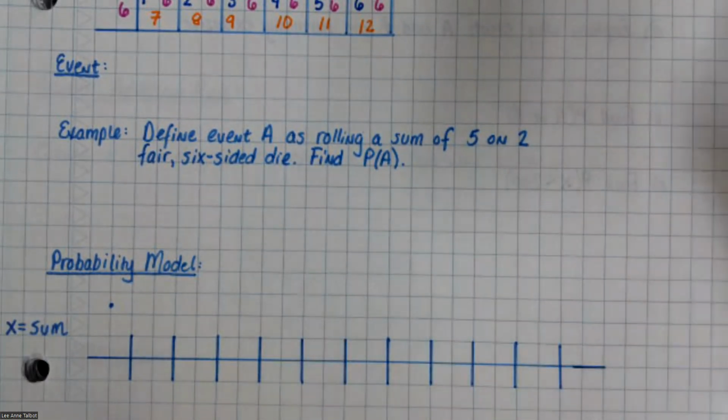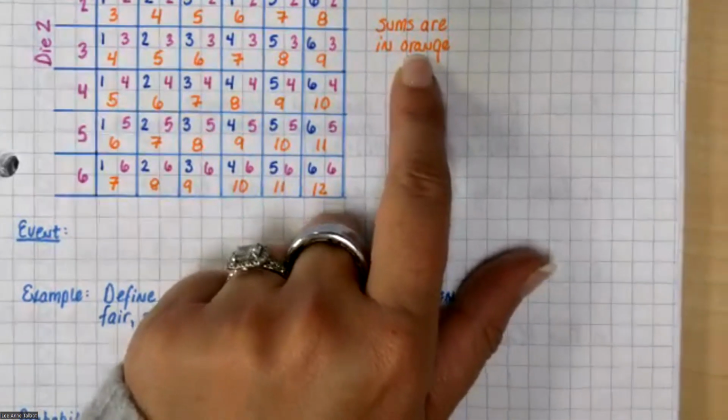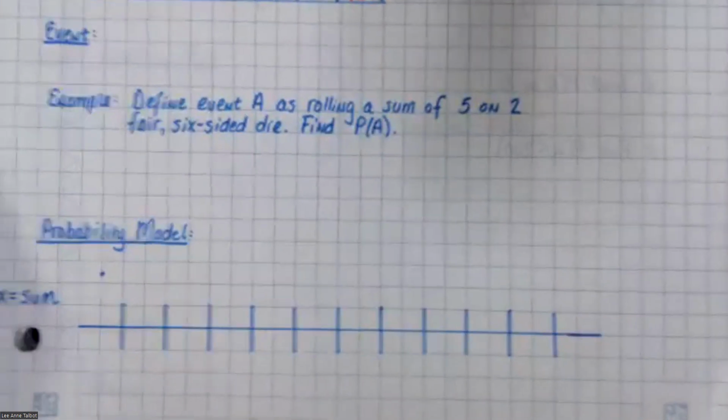Sums are in orange is what I wrote. I just made a little note that that was the color I used for sums.